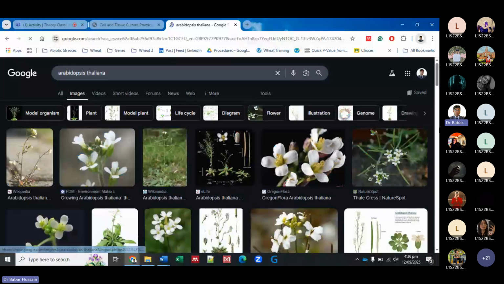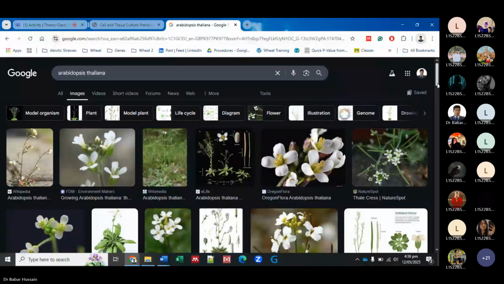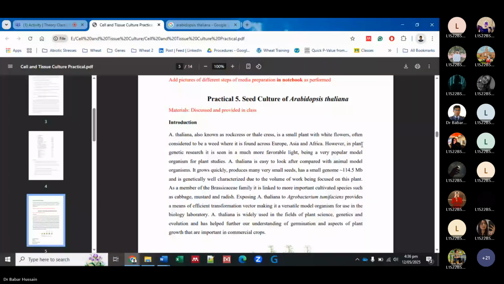This plant belongs to family Brassicaceae. Which family? Brassicaceae family. So Brassicaceae family, you know, Brassica plant.